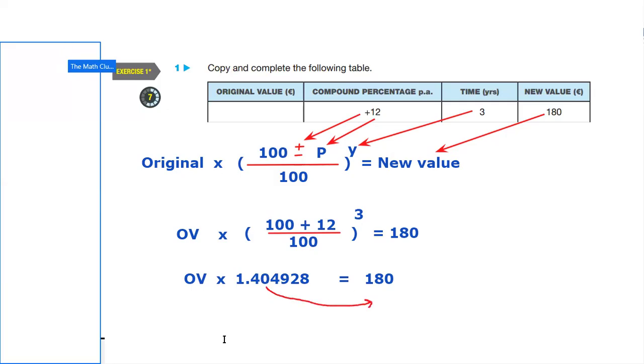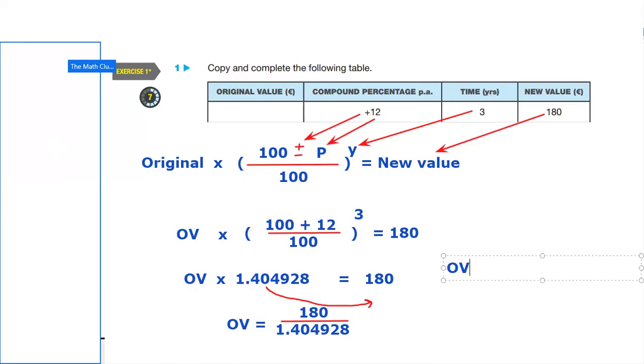So the original value will equal 180 divided by 1.404928. So you divide these by each other to find the original value. Let me do it with a calculator.